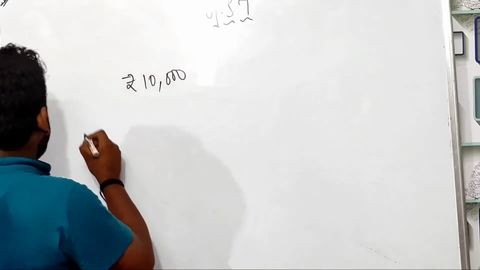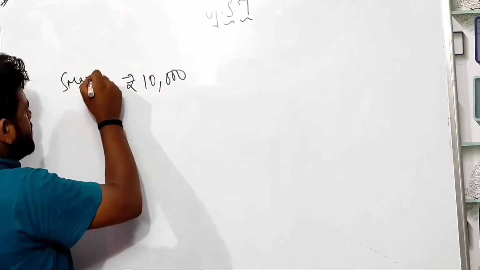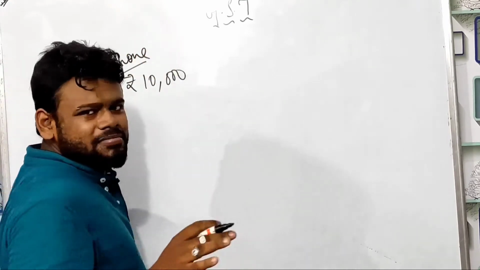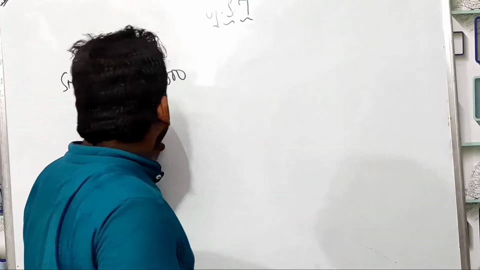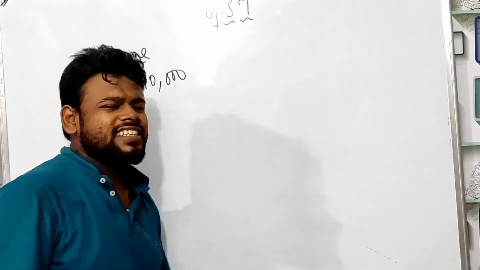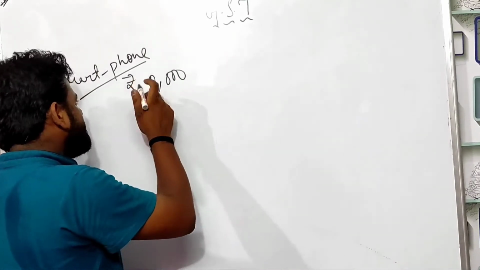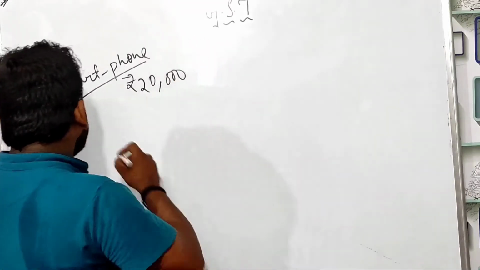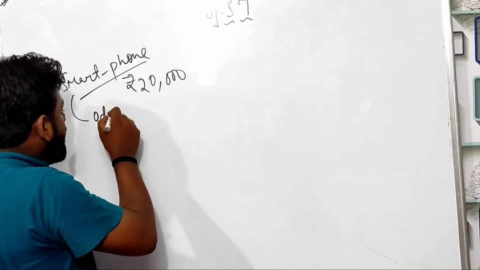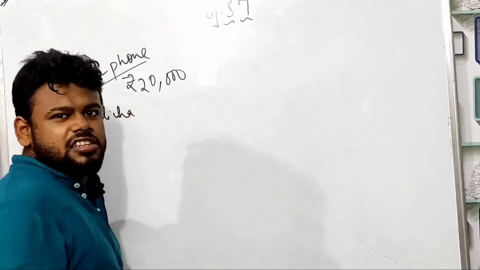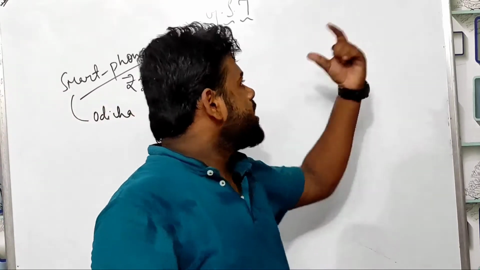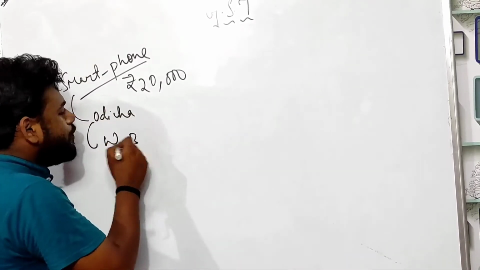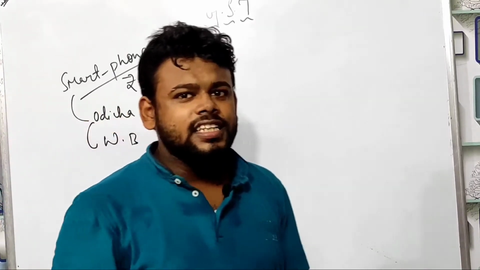Anyway, I purchased the smartphone for rupees 10,000. 10,000 doesn't look good, so let's make it 20,000. And I belong to Odisha, children, and I am selling this smartphone in the nearest state to me, which is West Bengal, Kolkata.